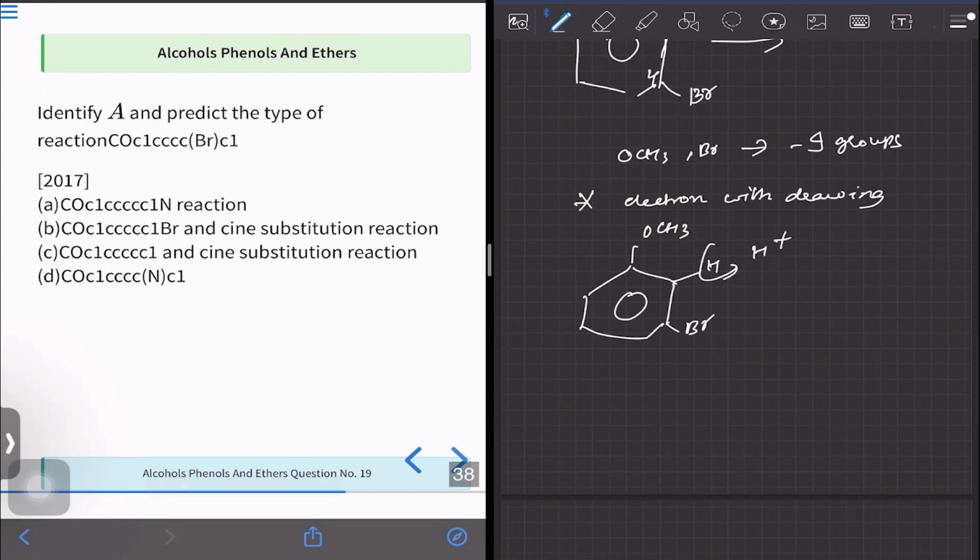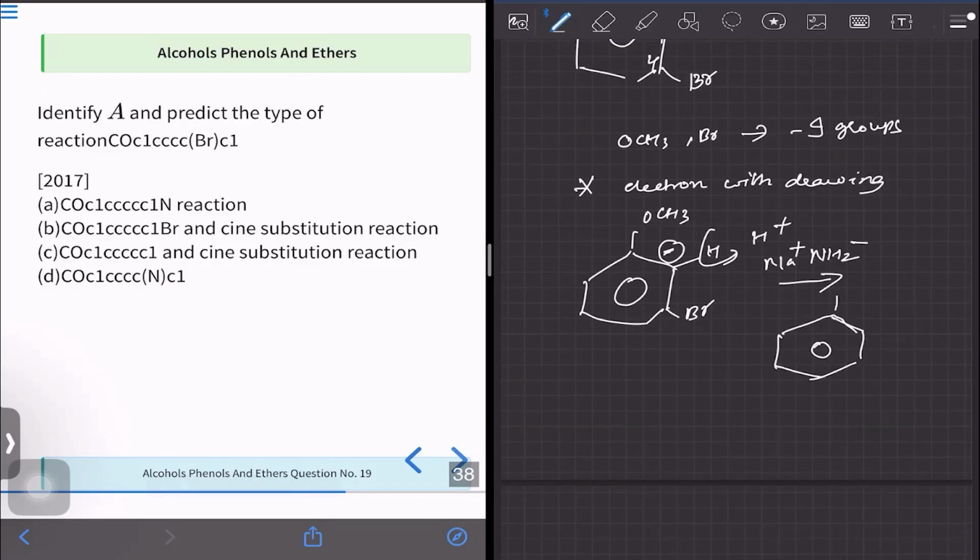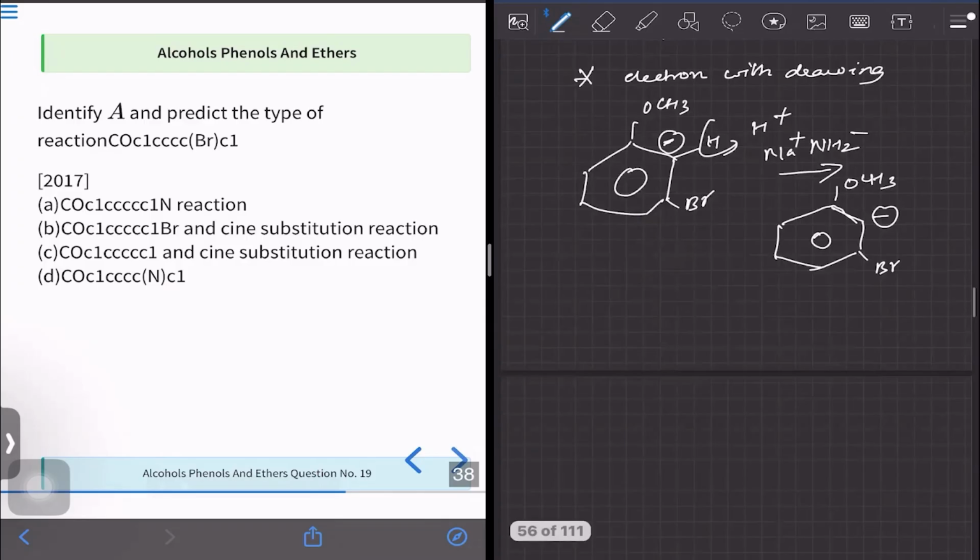And at the second carbon we can see it has negative charge. Whenever it reacts with Na plus and NH2 minus, what does it form? It forms OCH3 and Br and negative at the second position. After removing bromine, which is highly electronegative, it withdraws electrons.